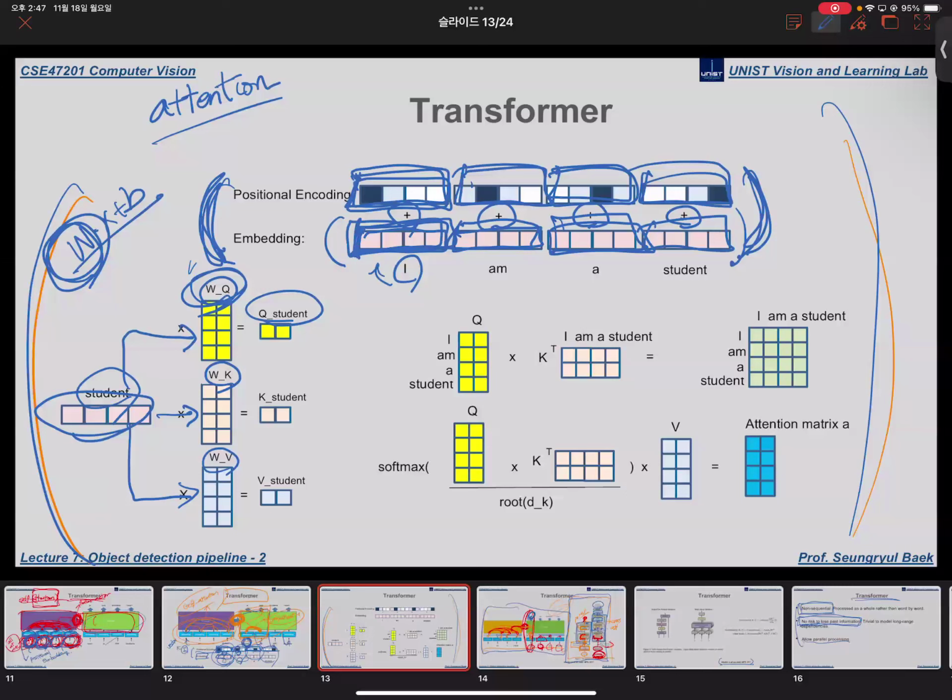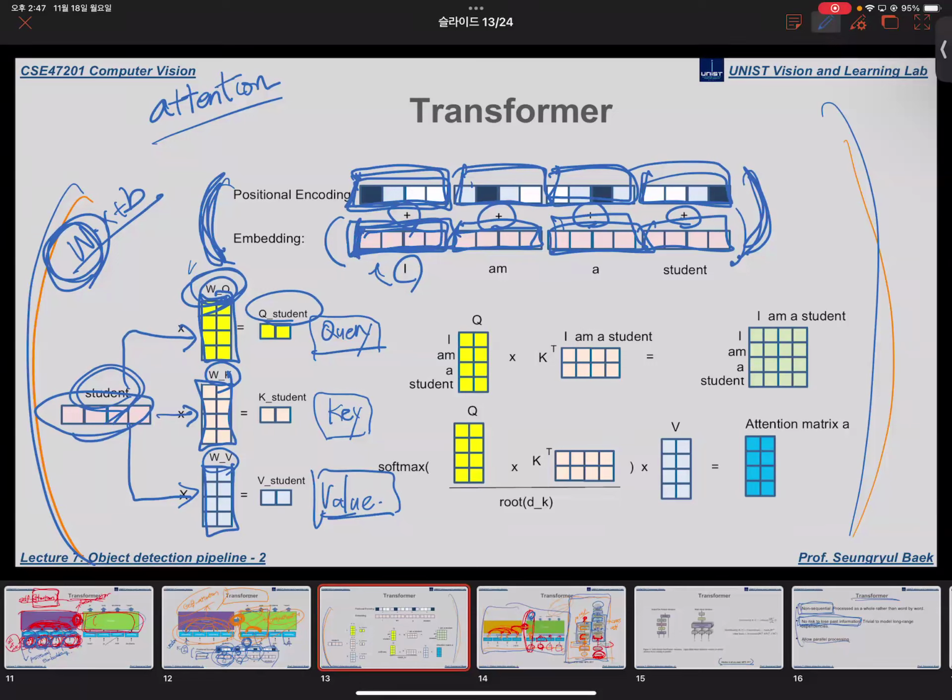We use three weights, and we call the first one the query, the second the key, and the next the value: query, key, value. I don't know why they named them this, but they indicate three different vectors transformed from the same word embedding.